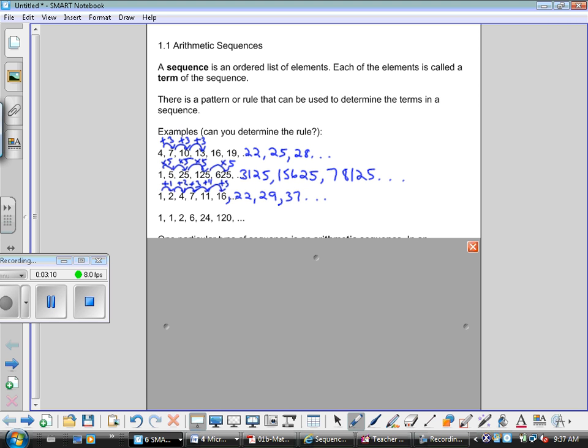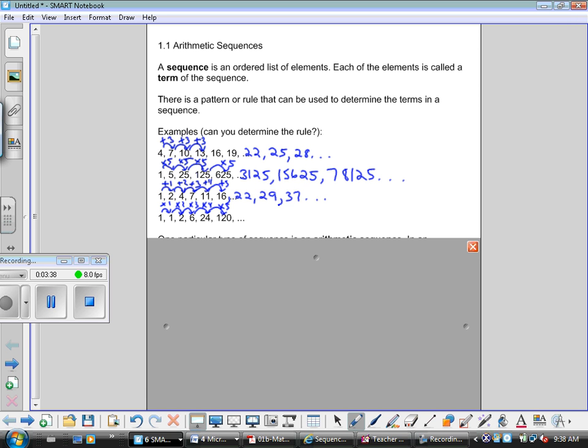The next one's kind of like that, although if you look at what we're adding, we add 1, we add 1, we add 4. That tells us that we probably don't have a pattern, so maybe look at what's being multiplied. We're multiplying by 1, then by 2, then by 3, then by 4, and then by 5.